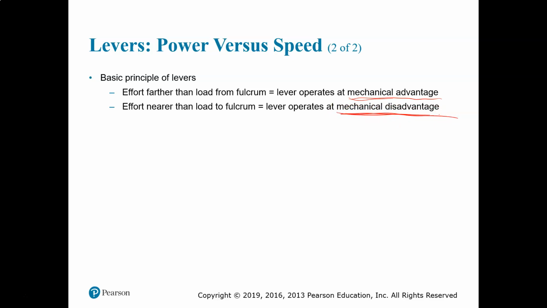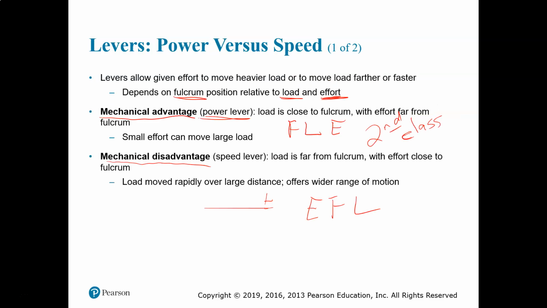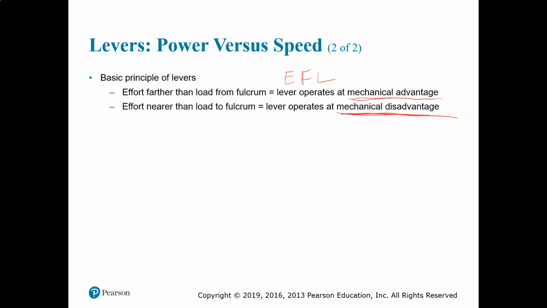Up here at the top, the mechanical advantage is when the effort is farther than the load from the fulcrum. So that would be E, F, L. Effort is farther than the load from the fulcrum. For some reason that doesn't seem right. No, it's FLE, sorry.